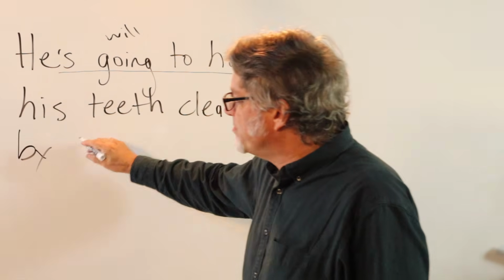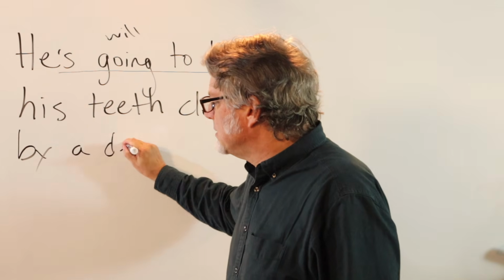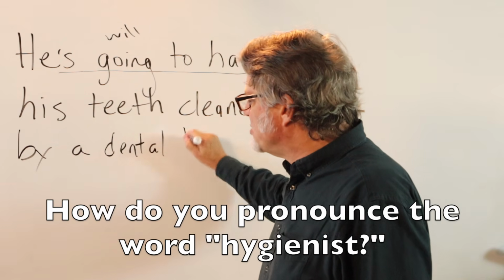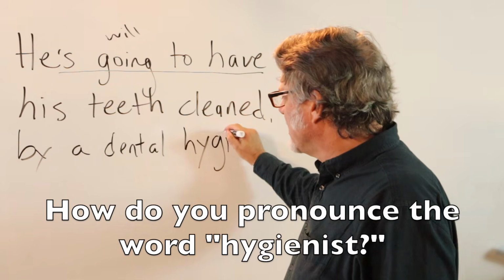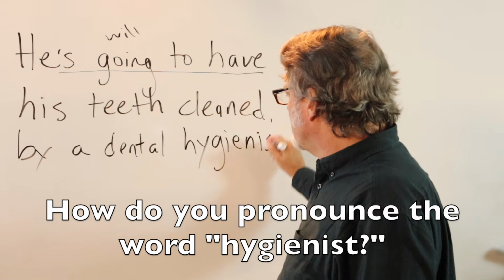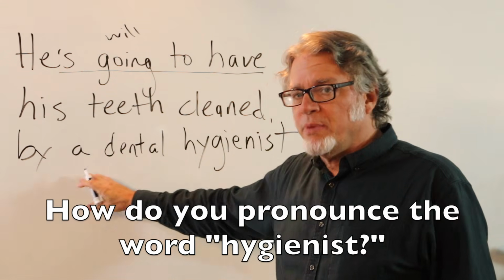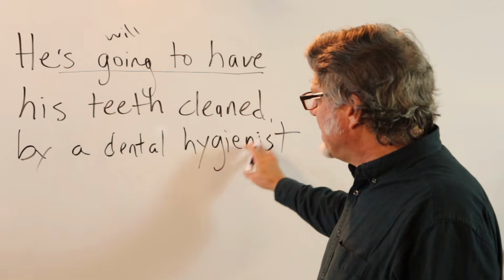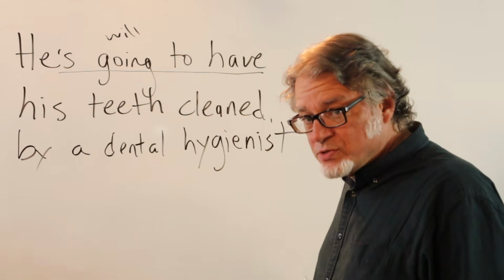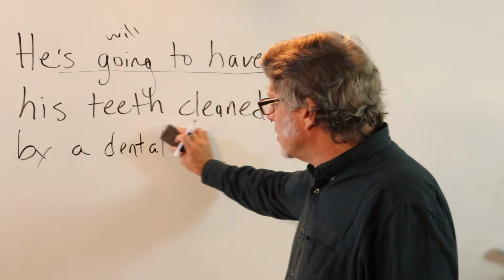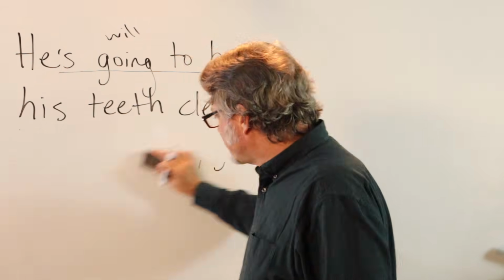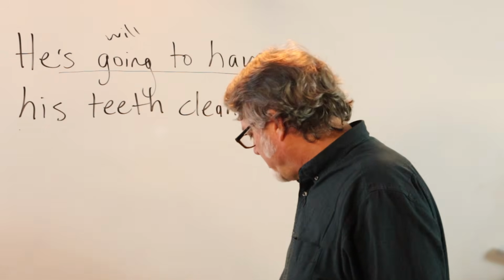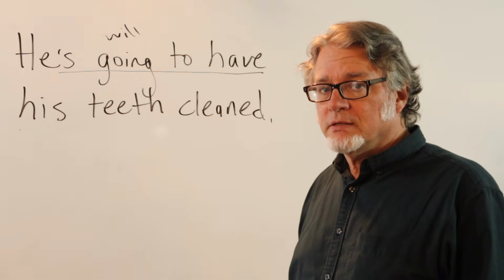We could say by a dental hygienist. We could say the work is being done by a dental hygienist. But it's not necessary because we know that's who normally does the work. So we can just take that off and say he's going to have his teeth cleaned.